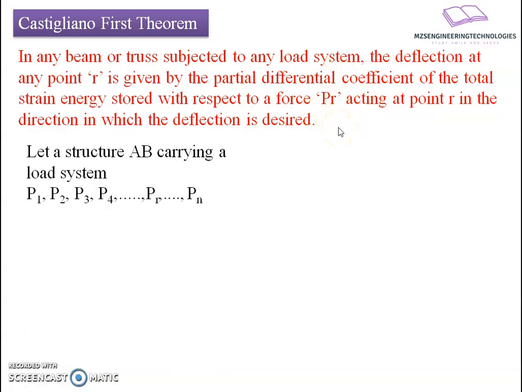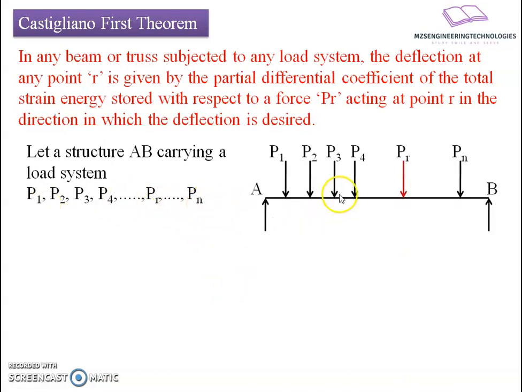If I put this in a mathematical picture, let a structure AB carry a load system P1, P2, P3, P4, up to PR, up to Pn, meaning n number of forces acting on my beam like this, and I am interested in the deflection at the rth point.